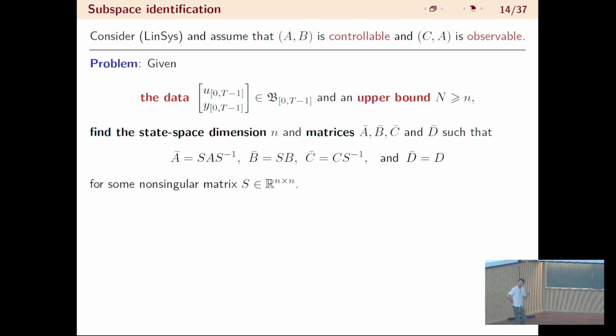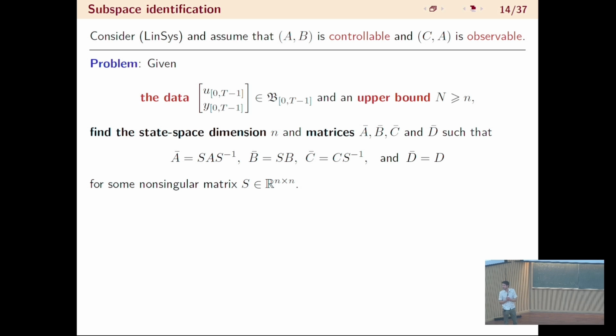Maybe to give some intuition of this matrix S, you may have the question, why don't you just want to identify A, B, C, and D from data? But that is never possible using input-output data. The reason is that this system A bar, B bar, C bar, and D bar has the exact same input-output behavior as the original system A, B, C, D. And so using an input-output trajectory, I can never distinguish A, B, C, D from this bar system.